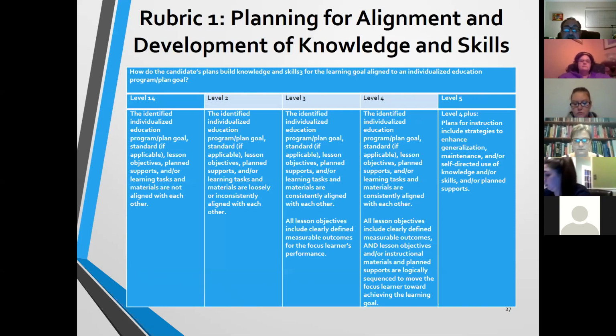Well, we're not going to start at level 1 because that's not where the scoring is going to start. The scorer is going to look at level 3, and level 3 is going to be the goalpost, for example.